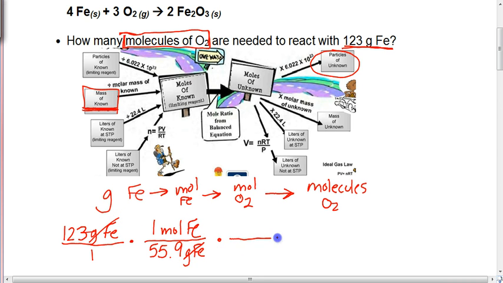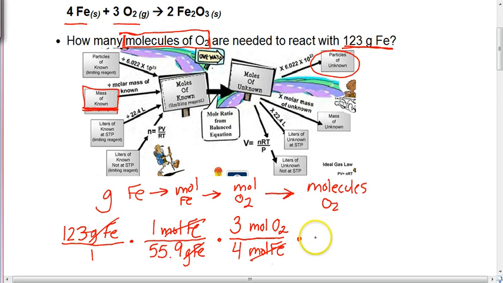Step 2 is to convert from moles of iron to moles of oxygen. And from our balanced equation, we see that there are 4 irons for every 3 oxygens. Since we have moles of iron in our previous step, we want to put moles of iron on bottom, and that mole ratio is 4. And we want to put 3 moles of oxygen on top, so that the moles of iron and moles of iron will cancel, and we will have units of moles of oxygen.